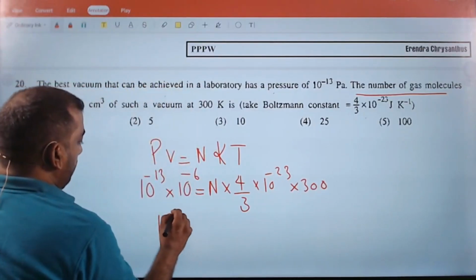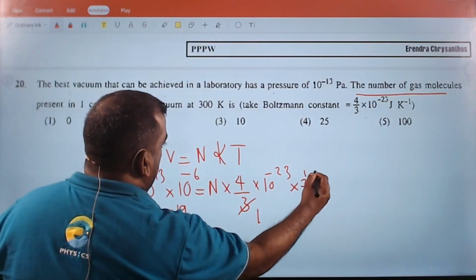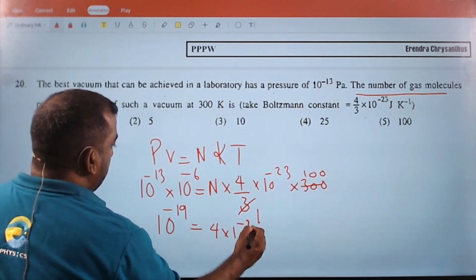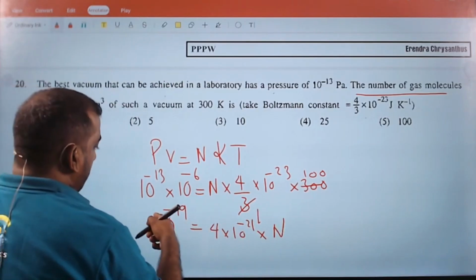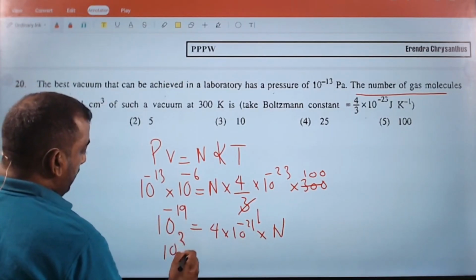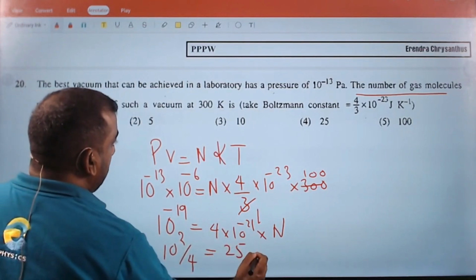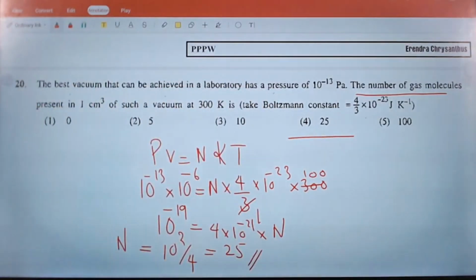Simplify this: 3 times 100, so 4 times 10 to the power minus 21. Positive 21 means 10 to the power 2 divided by 4, that's n. 100 divided by 4 is 25. So 25 molecules are present.